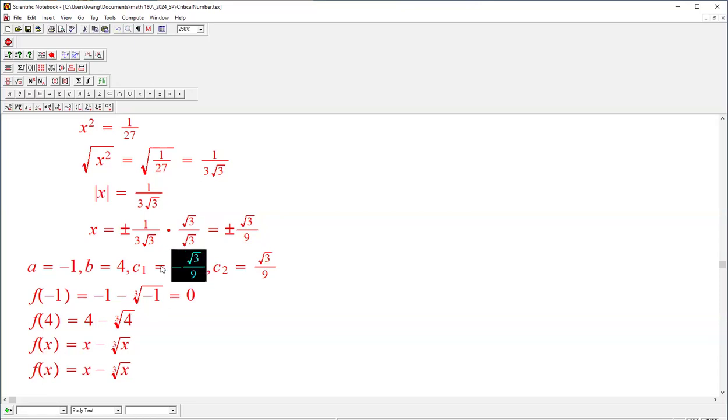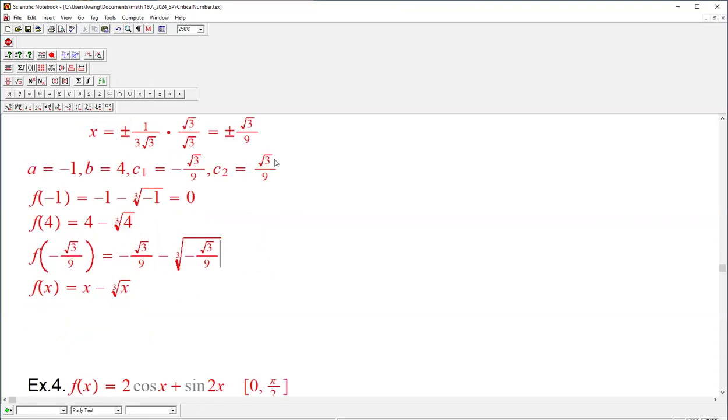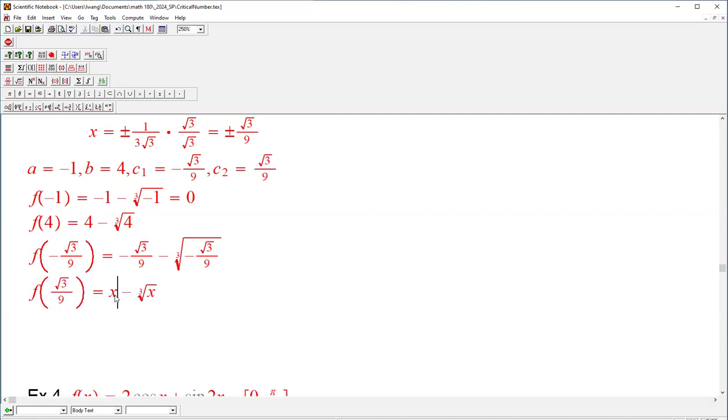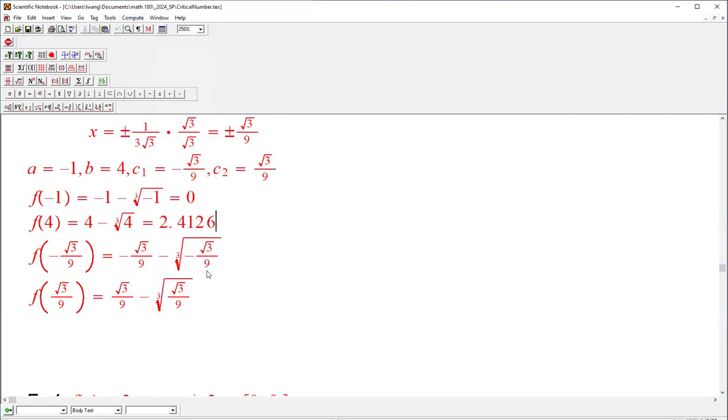And the third number is negative root 3 over 9, and the fourth is positive root 3 over 9. It looks like we're going to need a calculator, don't we? You have my permission to use a calculator for these.